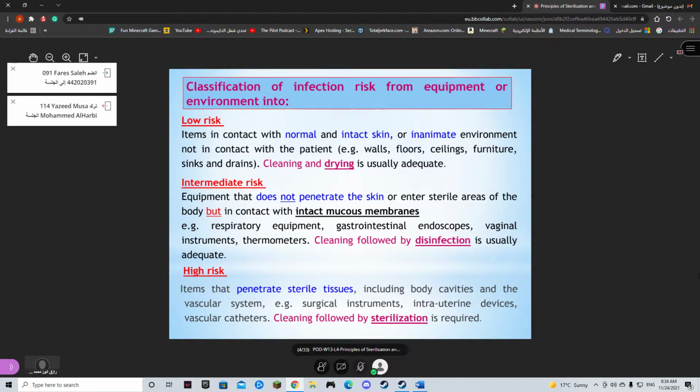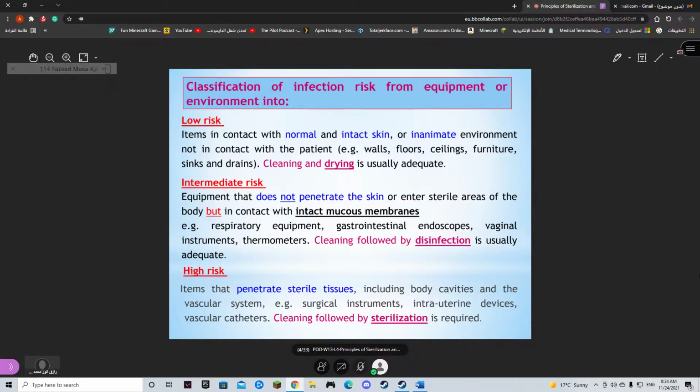You will be used to doing this cleaning with Cidex in your clinic. These have some risk because some chemicals are harsh and have properties that may cause problems to the skin or human body, so you have to be careful about the concentration.